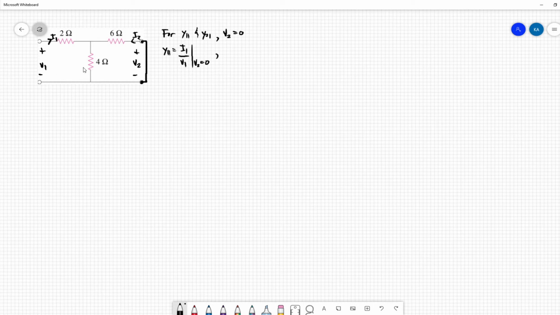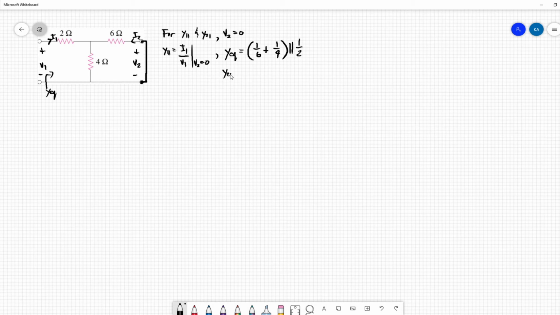For us to get our Y11, we need to get our Y equivalent as seen by port 1. Our YEQ is equivalent to, so we convert these impedances into admittances. We have 1 over 6 plus 1 over 4 in series with 1 half.